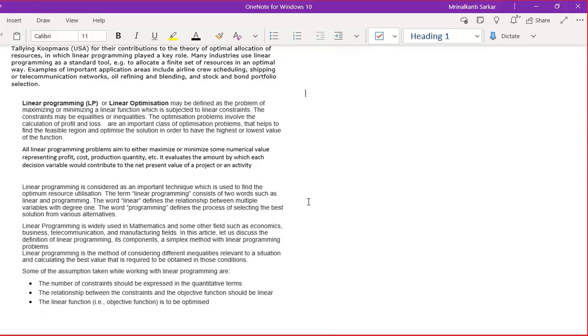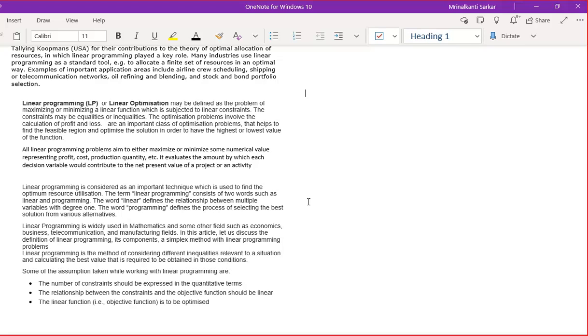Here in linear programming problem, we use a very important technique which is used to find the optimum resource utilization, and it consists of two terms: linear and programming. Linear defines a relationship between many variables with degree 1, and programming defines the process of selecting the best solution from various alternatives.